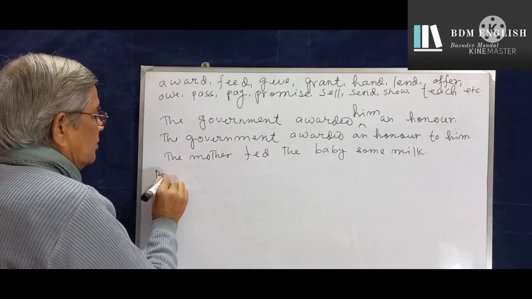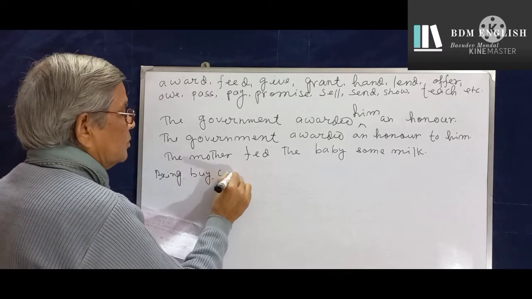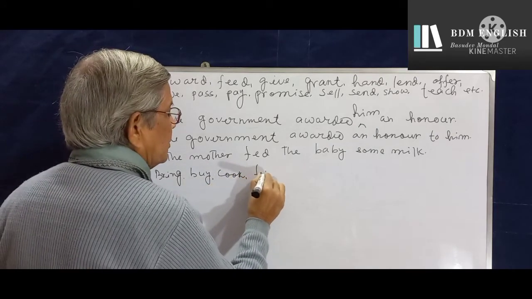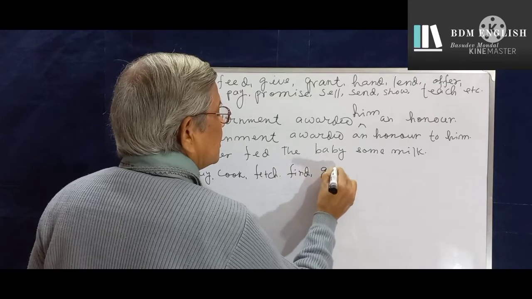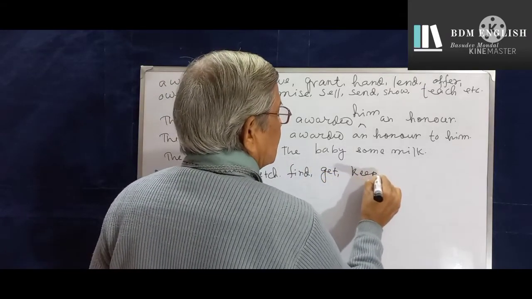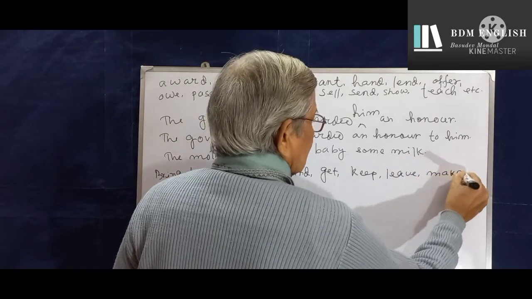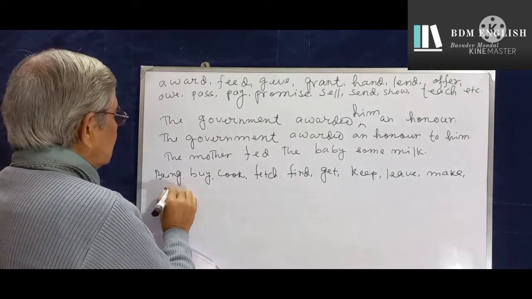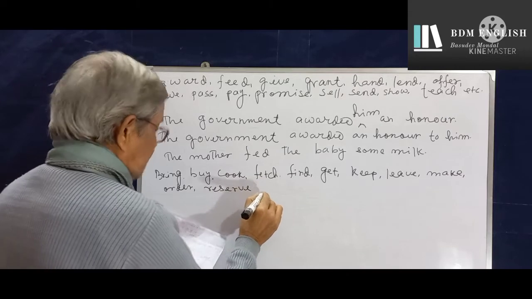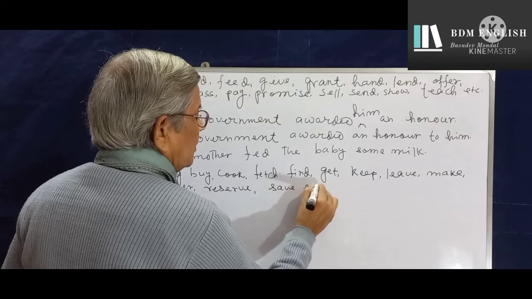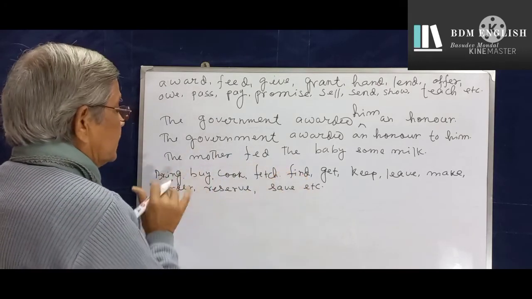Verbs like bring, buy, cook, fetch, find, get, keep, leave, make, order, reserve, save, etc. The verb to bring can be used either with the preposition to or for in this sense.